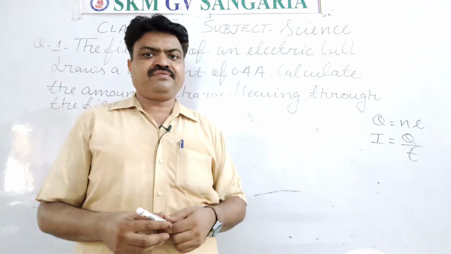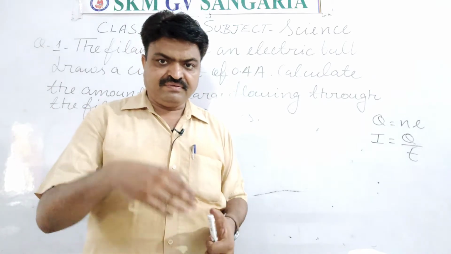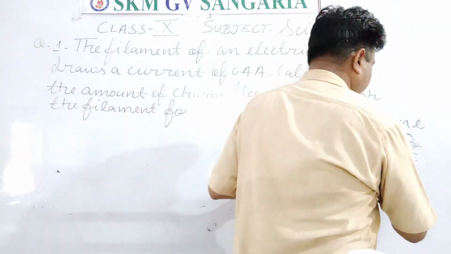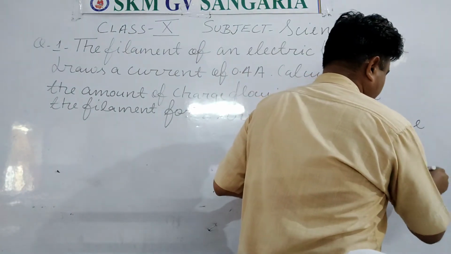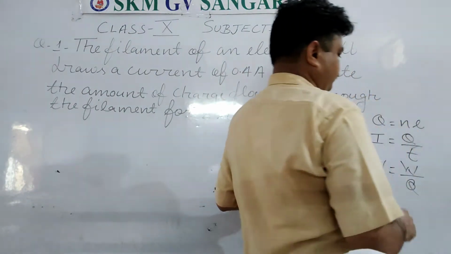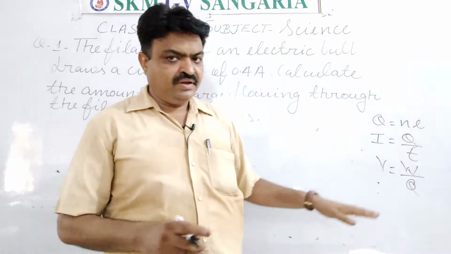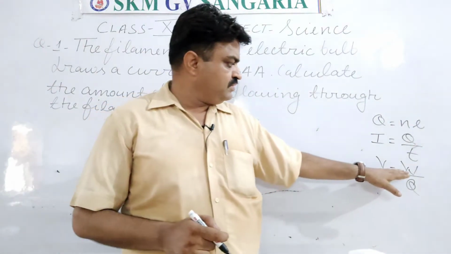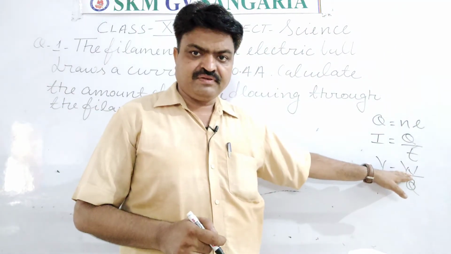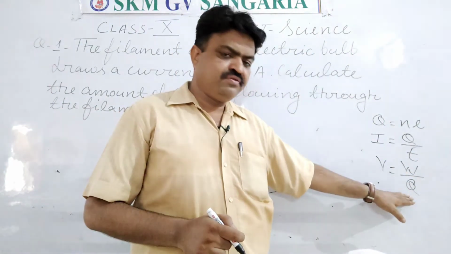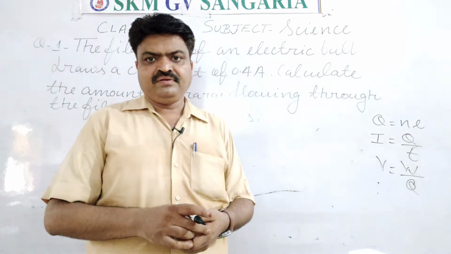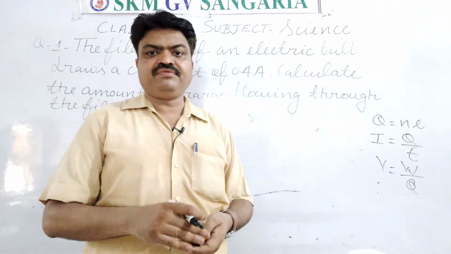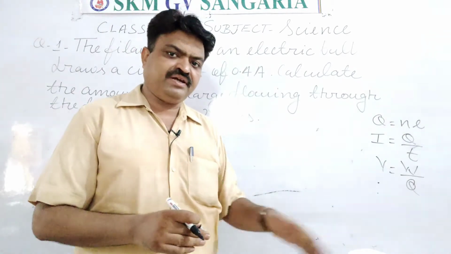The next formula that we discussed in our previous class is V is equal to W upon Q. Now what is V for? V is for electric potential, W for work, and Q for charge. With the help of the definition, we can write the formula.